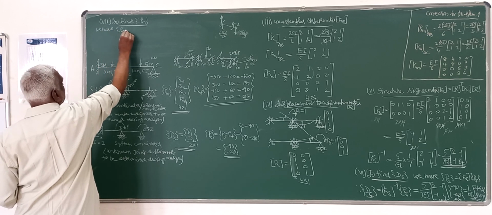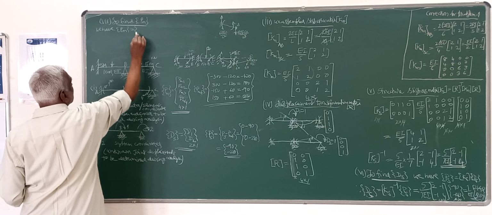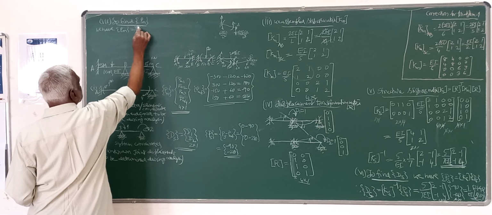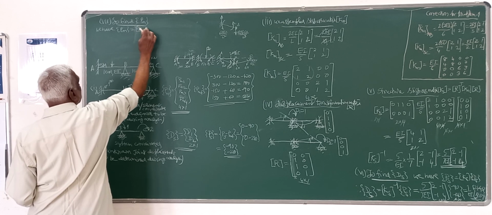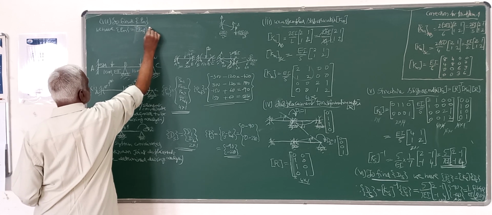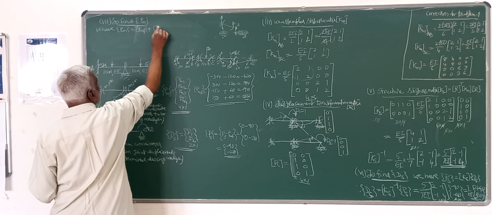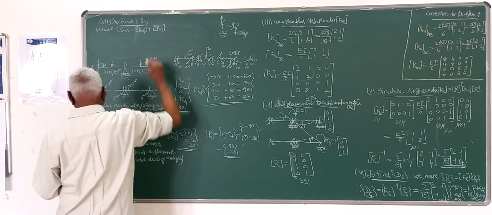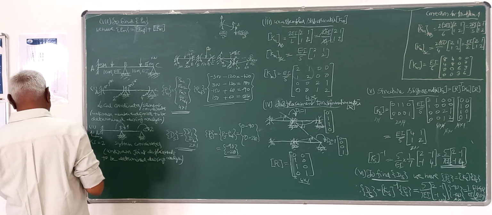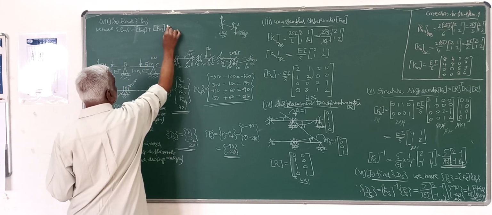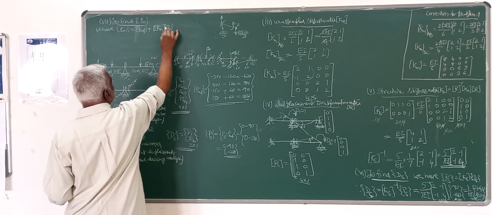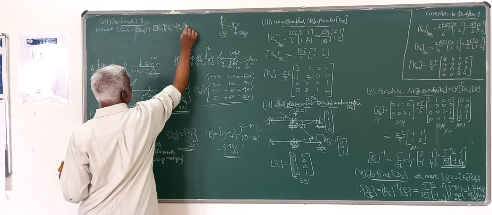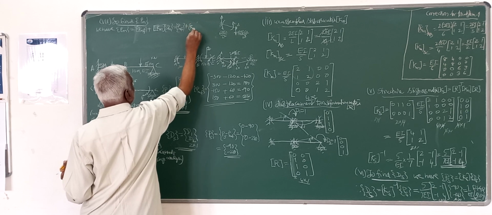We have PM, which is given by PMF plus Km into dm.